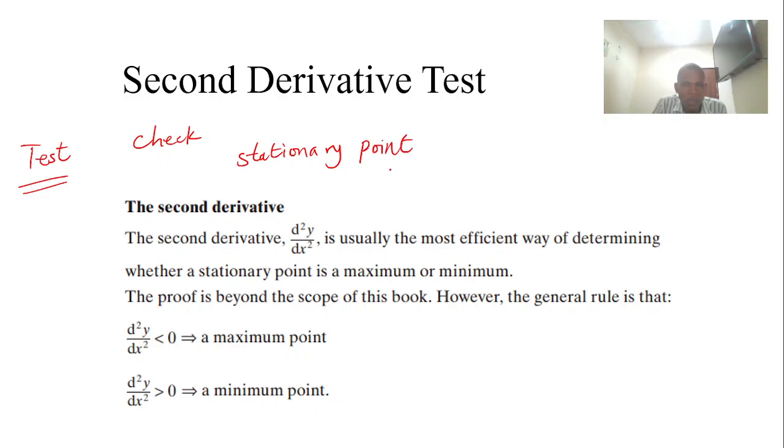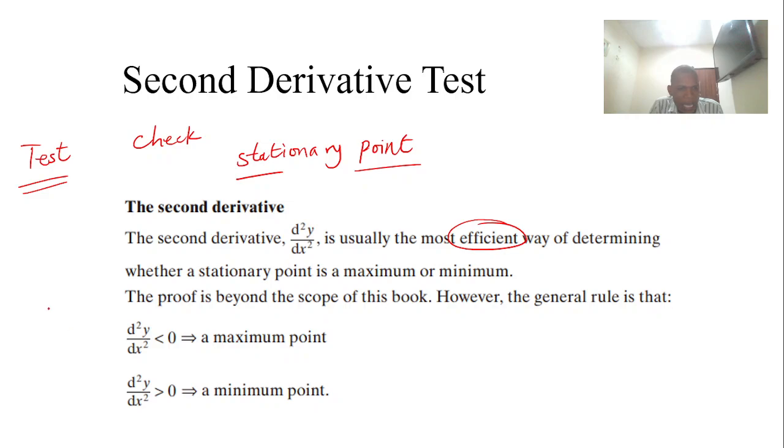So if I have a turning point, or a stationary point, how do I check if that turning point is a maximum turning point or a minimum turning point? That's when I apply this test. It's called the second derivative test. This test is very, very effective in checking.